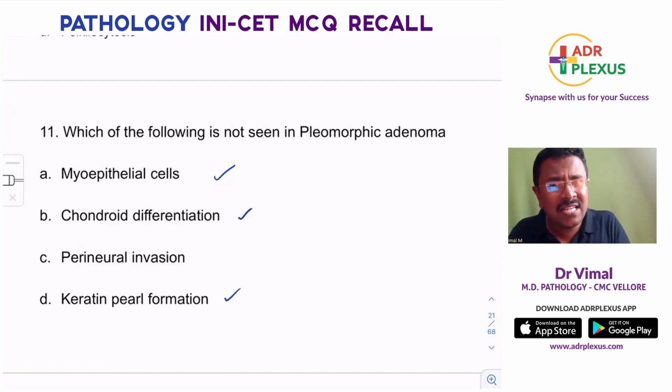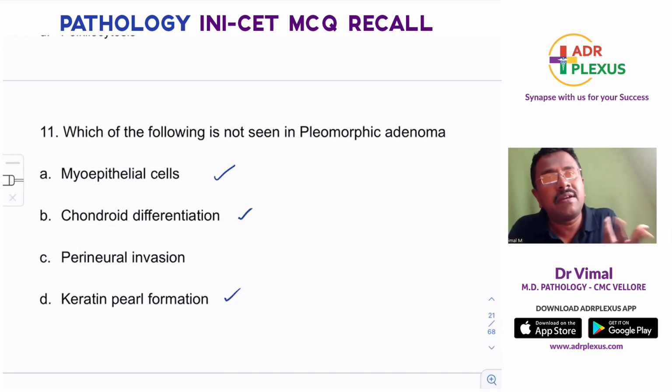So what is not seen in pleomorphic adenoma is perineural invasion. You can imagine, perineural invasion is actually a feature of malignancy, like adenoid cystic carcinoma and minor salivary gland tumors, which are prone to perineural invasion. They infiltrate the deeper tissues. But pleomorphic adenoma, most of the time, is a benign tumor, so perineural invasion is not a classic feature.